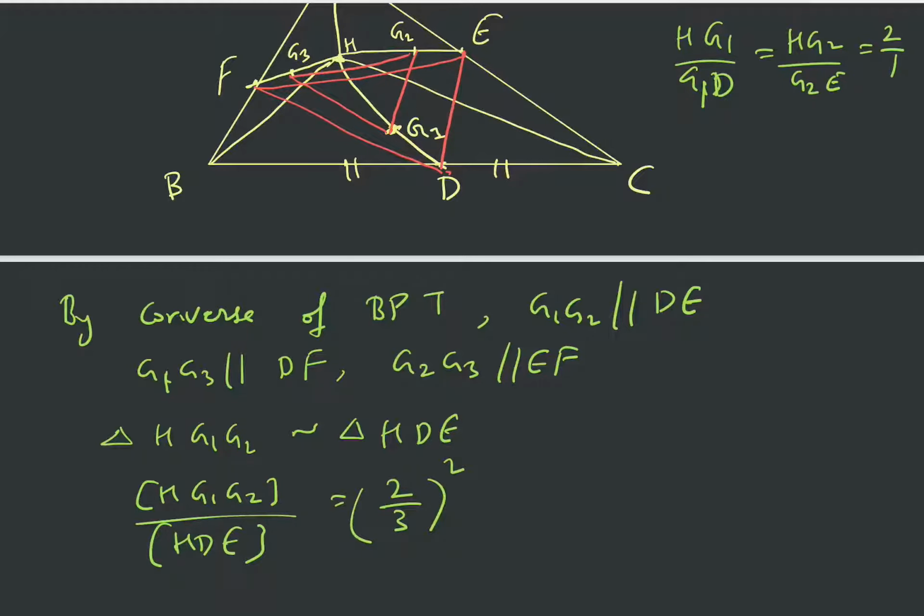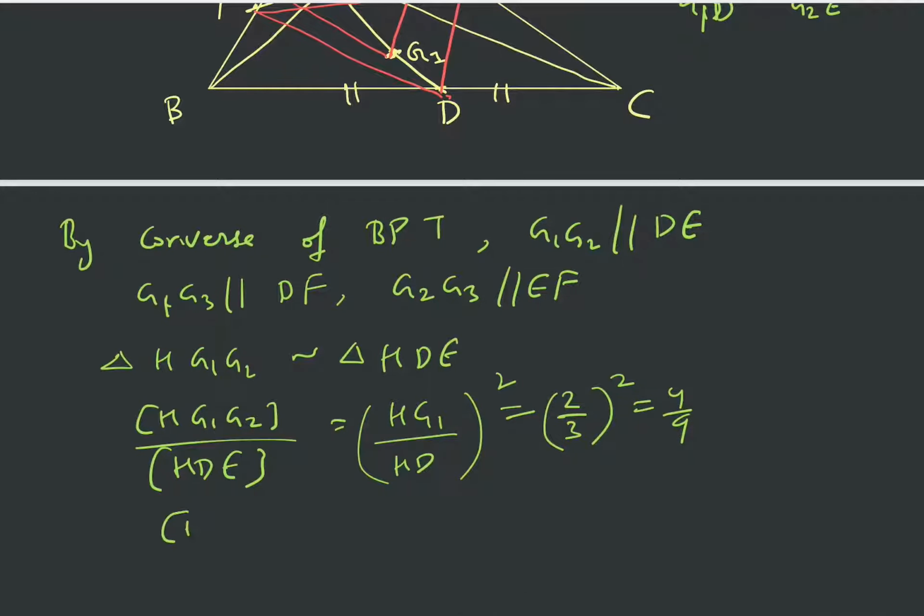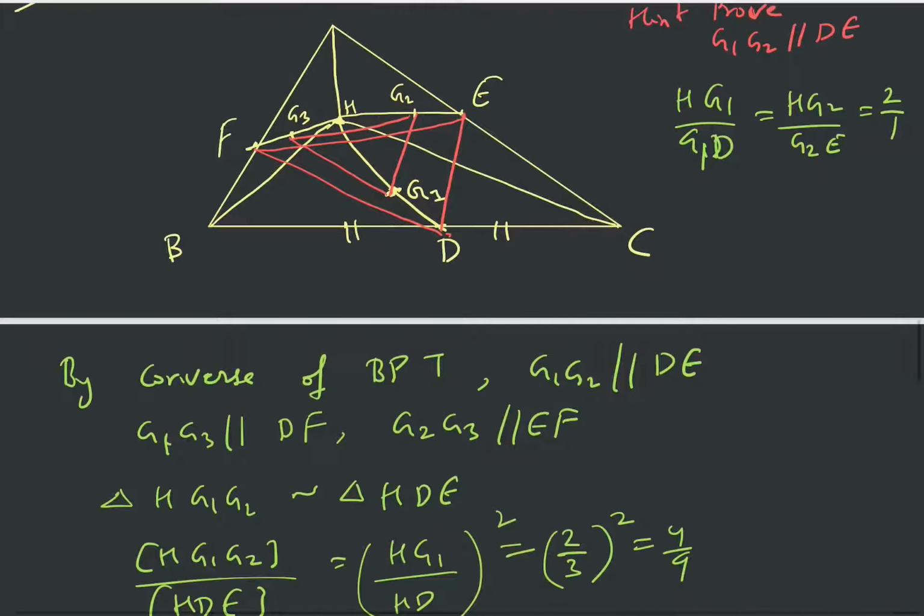The ratio of sides, let us say HG1 by HD, whole square, which is 2 by 3 whole square, which is 4 over 9. So the area of HG1G2 is 4 by 9 into the area of HDE.